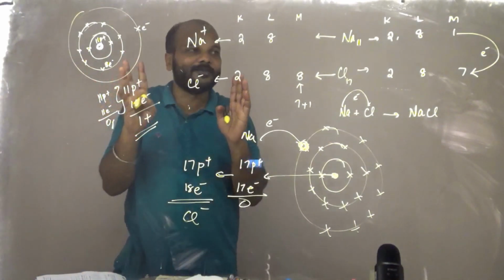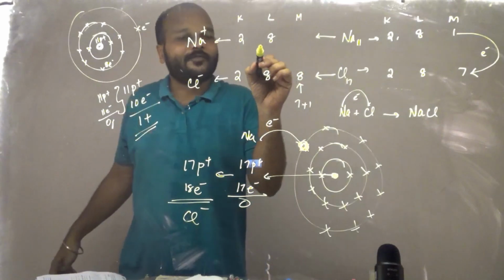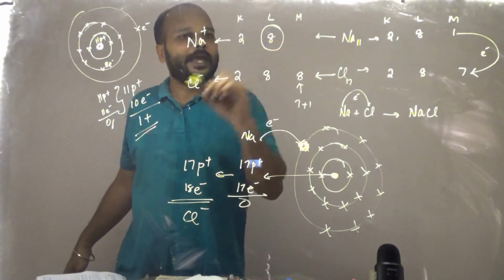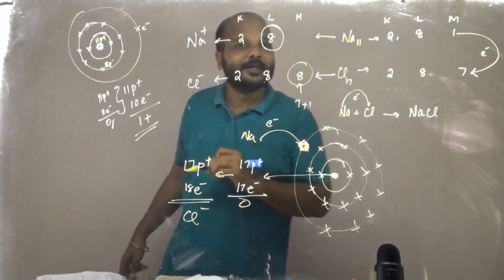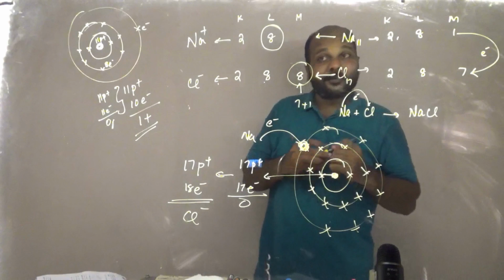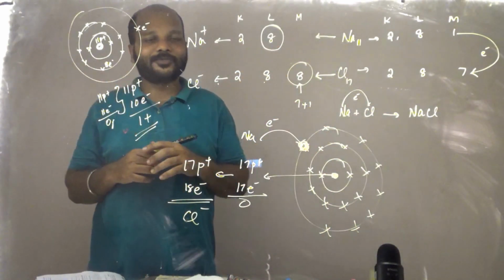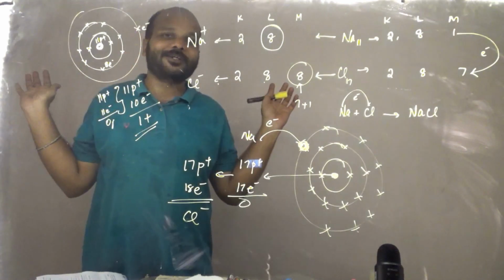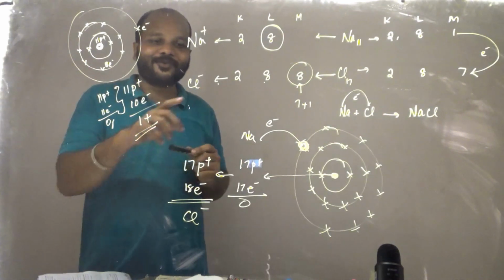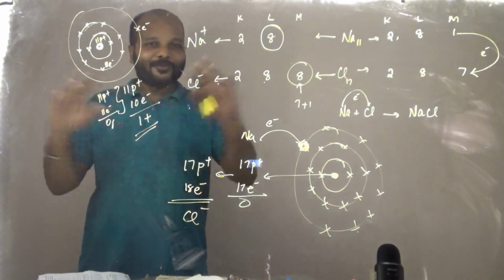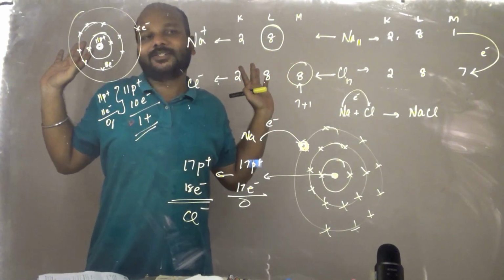One thing you have to know: the electronic configuration of sodium now is 2, 8, and for Cl minus it is 2, 8, 8. Sodium is happy because it got 8 electrons in the outermost shell. Chlorine is also happy because it also got 8 electrons in the outermost shell. Both are stable, and both now don't want to react with each other.